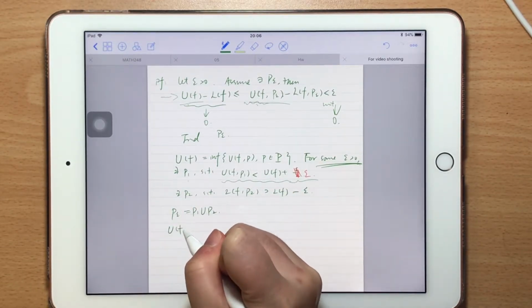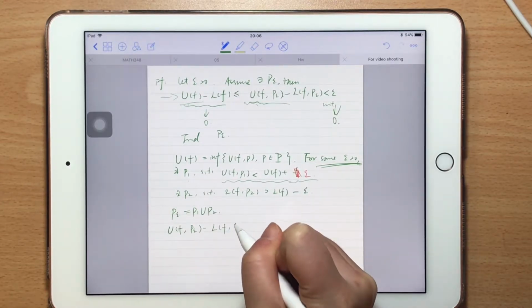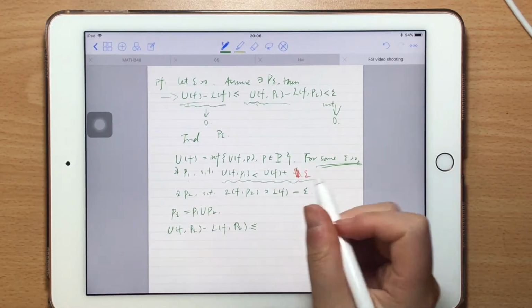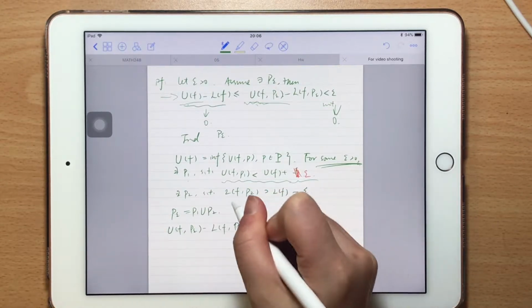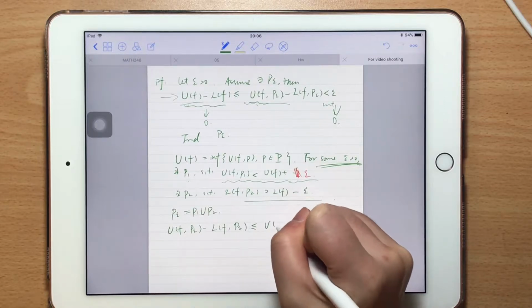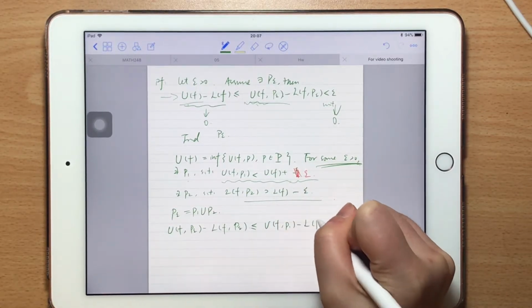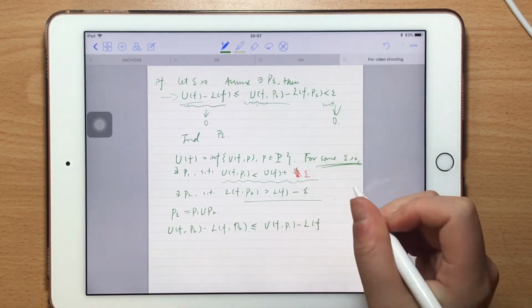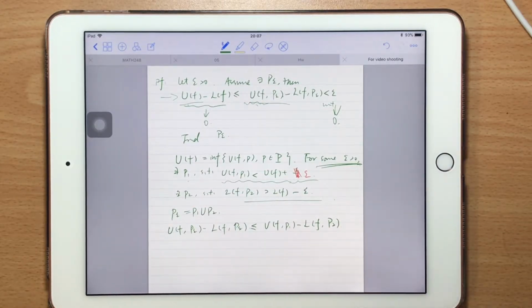Find the refinement of P1 and P2, and then what's next? We will have UF(P epsilon) minus LF(P epsilon) smaller or equal to, since these two inequalities both hold, UFP1 minus LFP2.